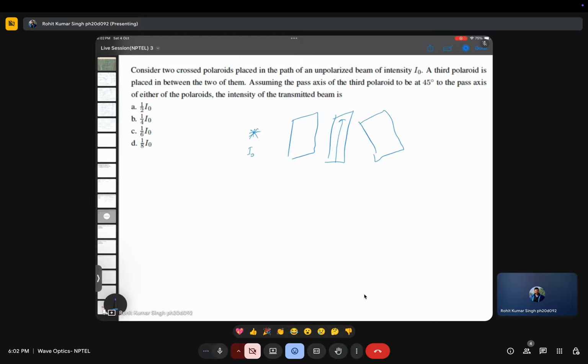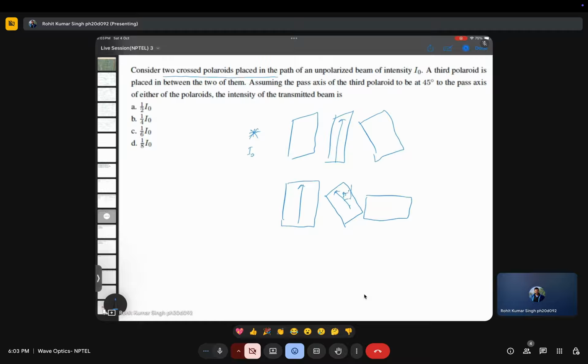So two crossed polaroids placed in the path of an unpolarized beam. Does it mean that one is like this, the other one is kept like this, and this third one is at a 45 degree. So this is the pass axis and this angle is 45 degrees.